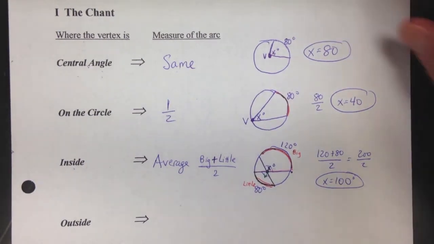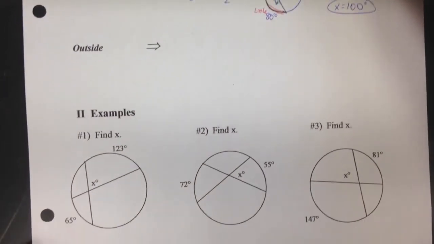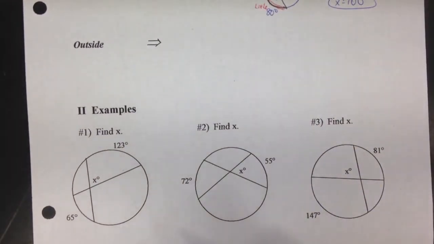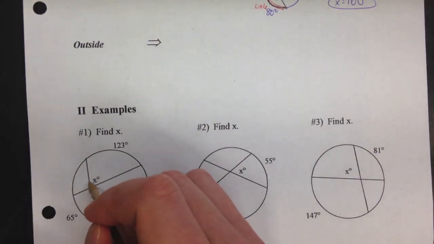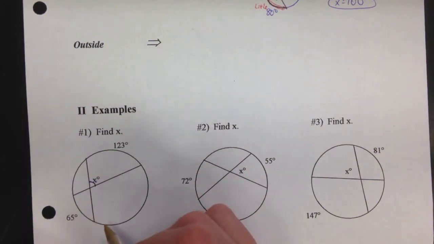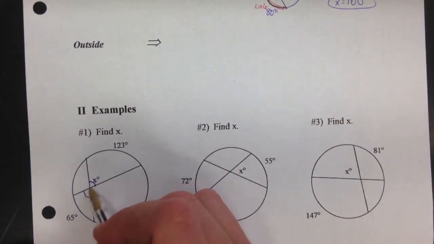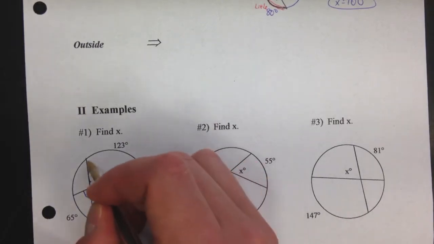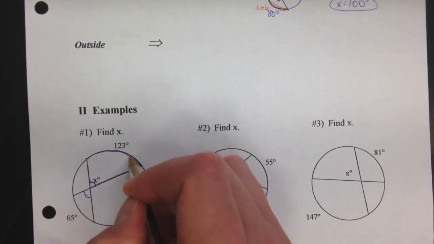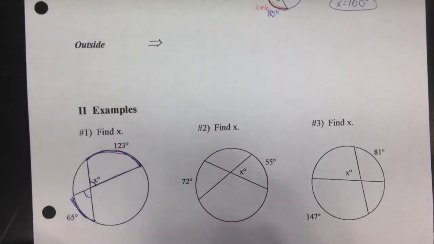We'll finish that up. But let's do a couple examples. Let's start with number 1 here at the bottom. Find x. All right, so here's x degrees. That is an angle measure. That is this angle here. Now, vertical angles are congruent, so we actually have 2 x's. If I trace these out, it intercepts the 123 degrees, that arc, and also the 65 degrees.